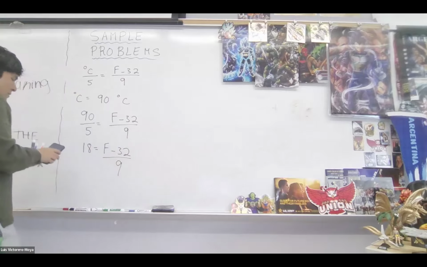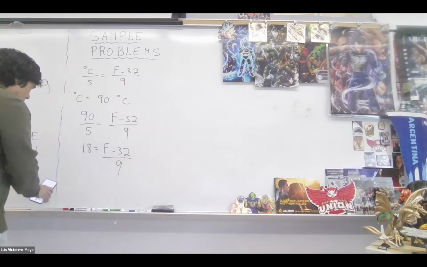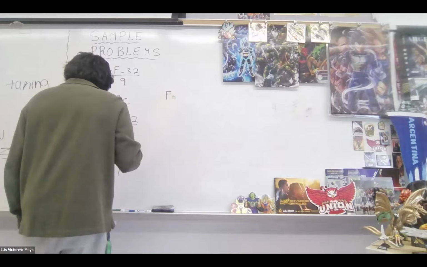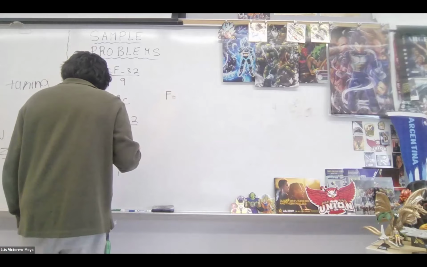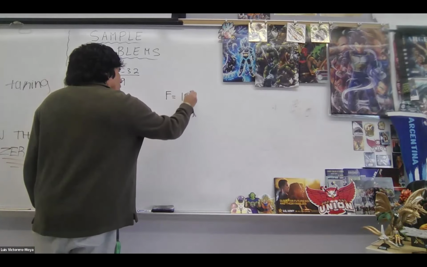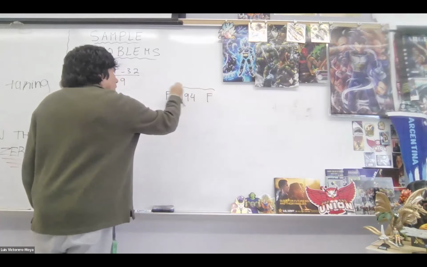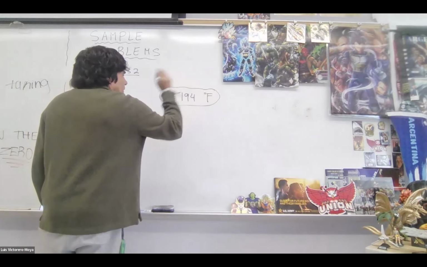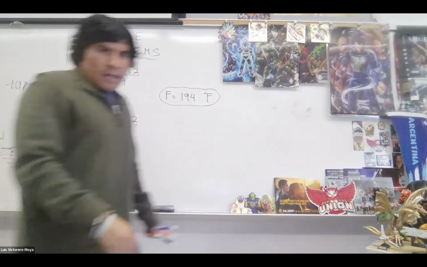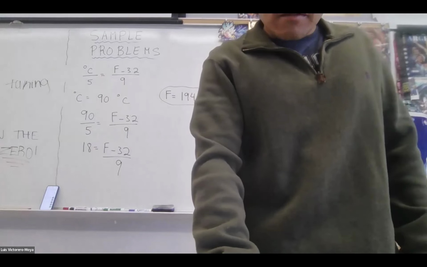I multiply 9 times 18, and then I add 32, I get 194. So Fahrenheit is 194 Fahrenheit, right? Sometimes they put 90 degrees, but it's 194. So that's the temperature scale, nothing weird there. 2 questions about that in the assignment.